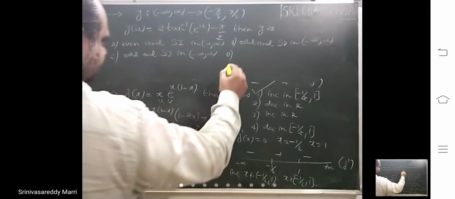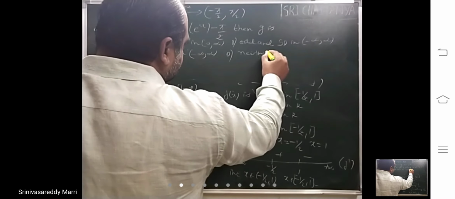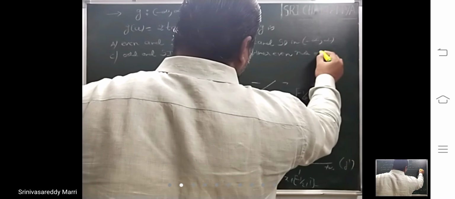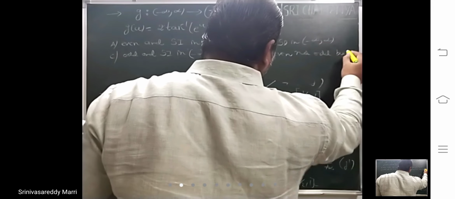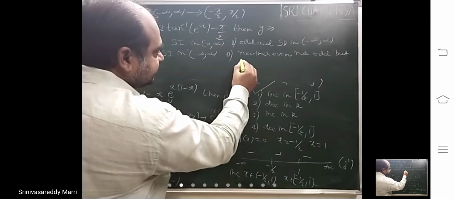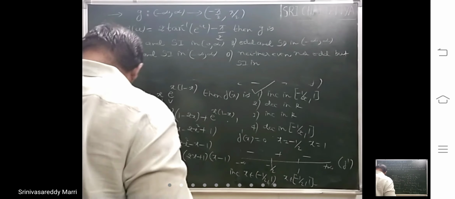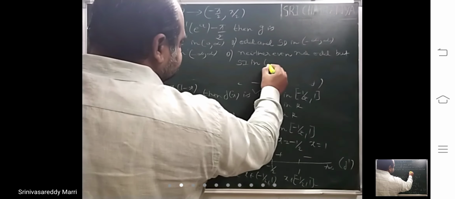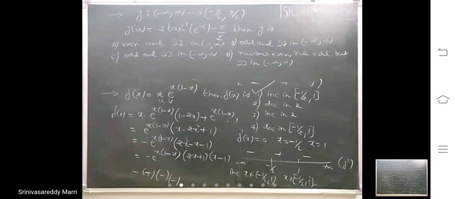D: neither even nor odd, but strictly increasing in minus infinity comma infinity. Look at this problem.